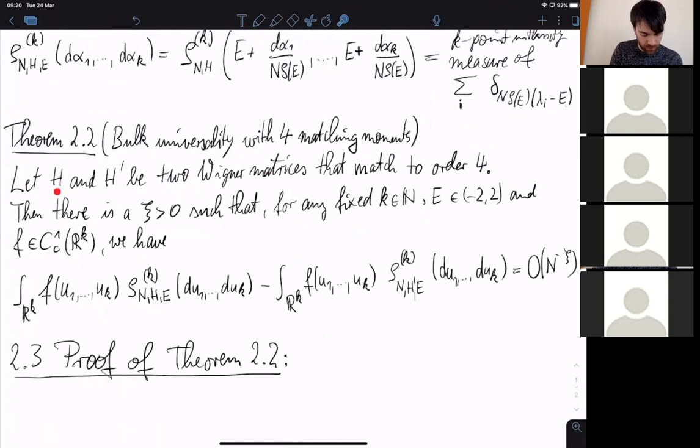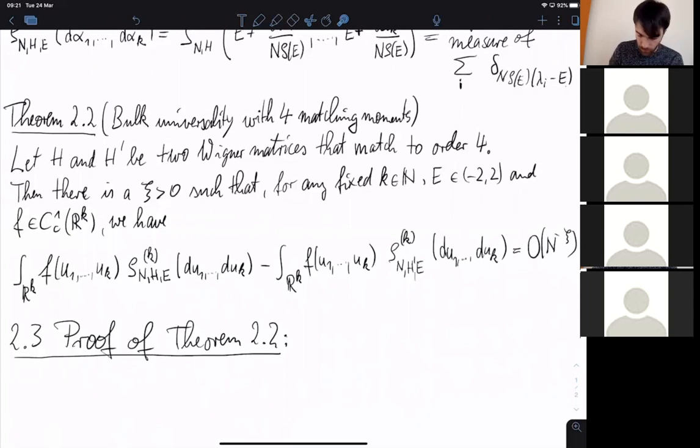As in the definition before, we have two Wigner matrices H and H prime, and we assume that they match to order 4. I somewhat already motivated last week why this order 4 comes up, but we will also see it in the proof, which we'll go through next. Then we have the following statement.